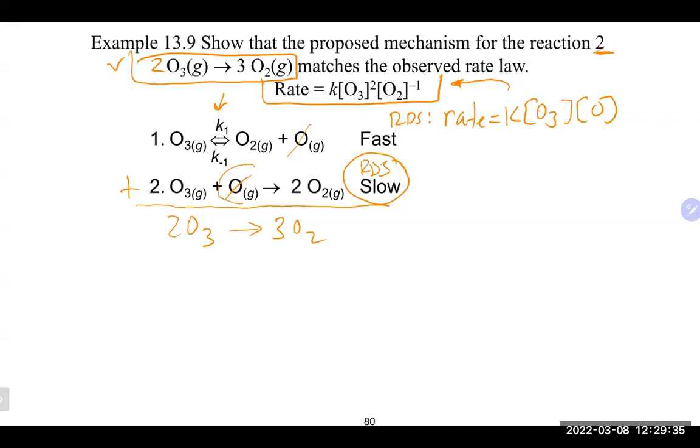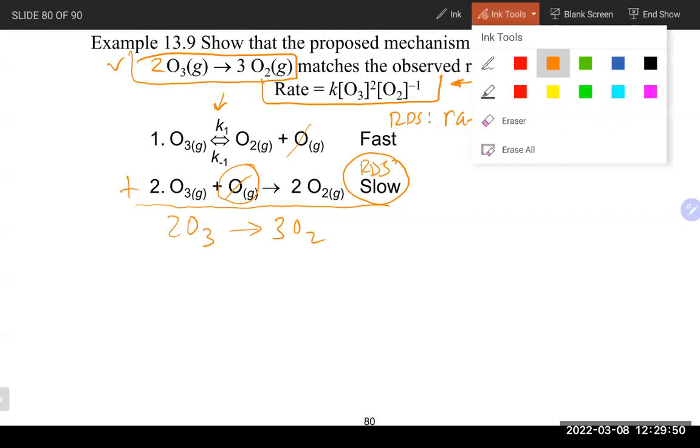Our intermediate here is O, and we do have an O in our rate law. So we do want to do some math here like we did previously to substitute out that intermediate so we can directly compare: is this rate law going to match?